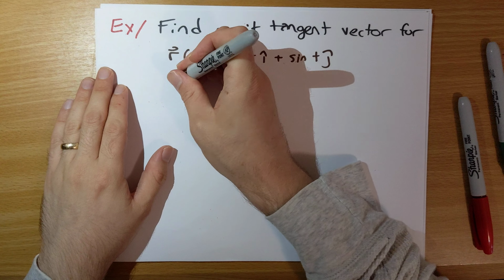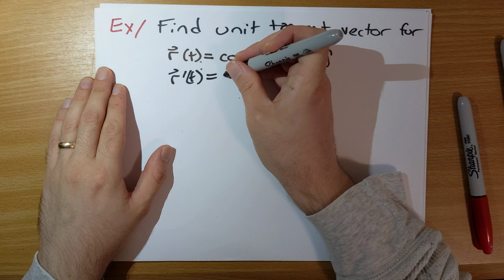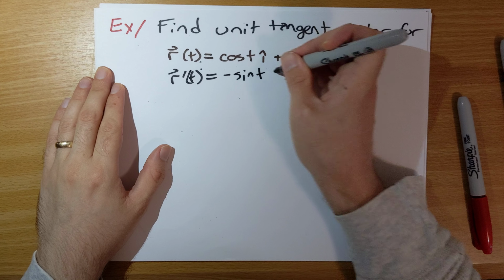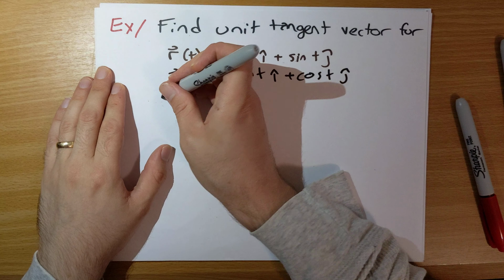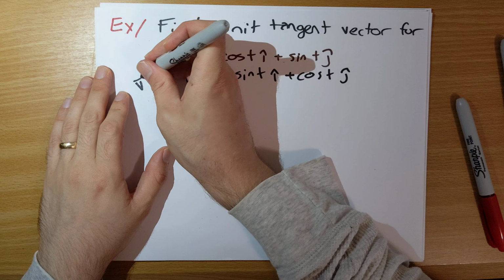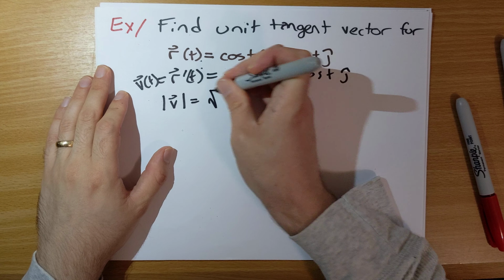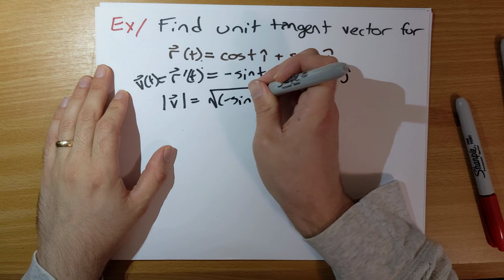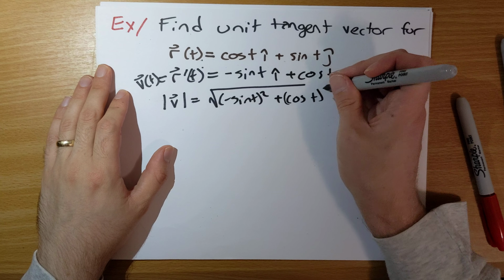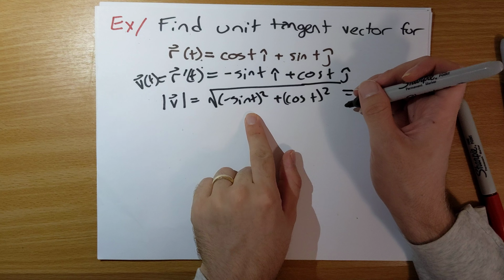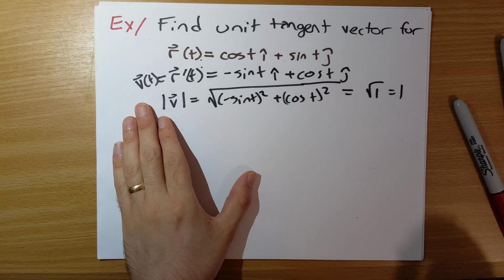So once again, r prime of t is negative sine t i hat plus cosine t j hat. That is v of t. The magnitude of v is the square root of negative sine t squared plus cosine t squared. This is sine squared t, this is cosine squared t, and the square root of 1 is 1.